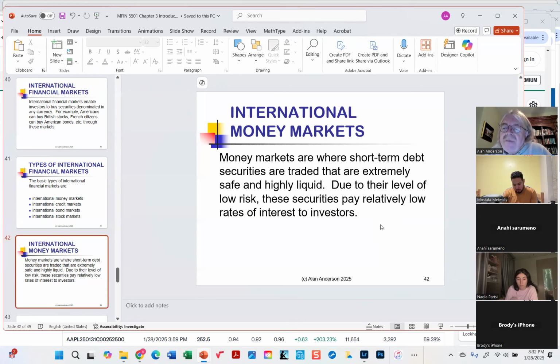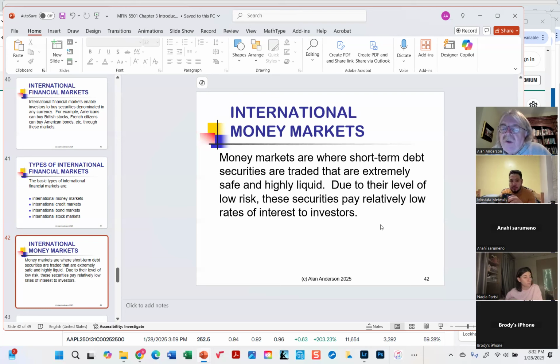And what happens is, if you buy one of these securities, the government pays you interest, and then eventually you get your money back. So treasury bills are a case of government bonds where basically you're lending the government money, but for a very short period of time, meaning typically a year or less.